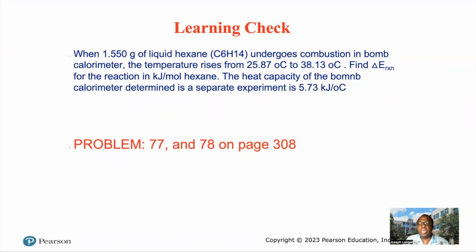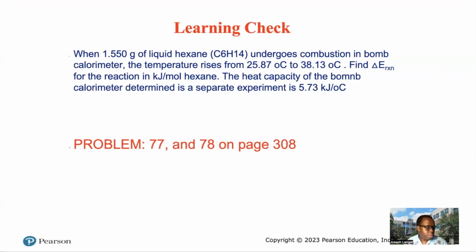Find the change in internal energy for the reaction in kilojoules per mole of hexane. The heat capacity of the pump calorimeter, determined separately from this experiment, is 5.73 kilojoules per degree Celsius.